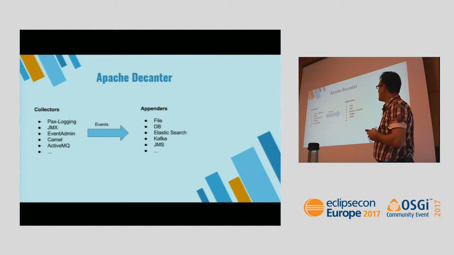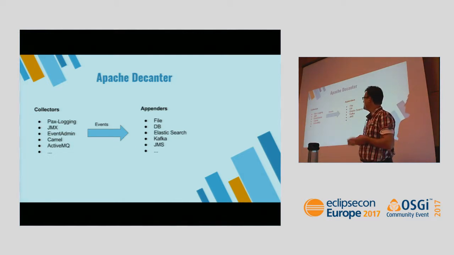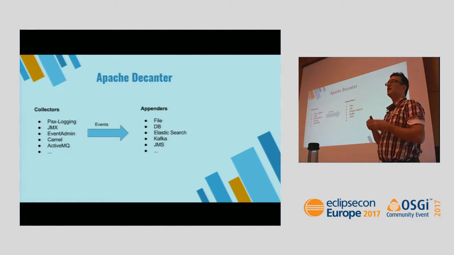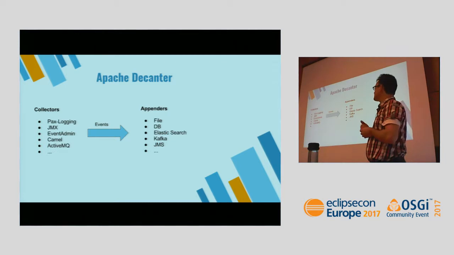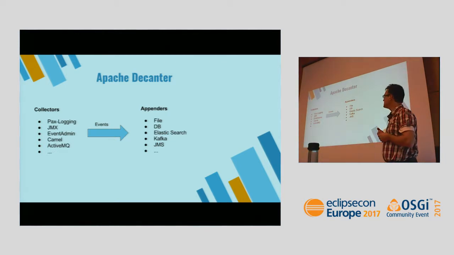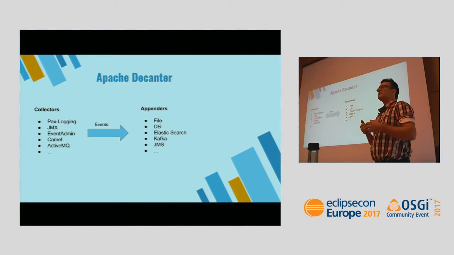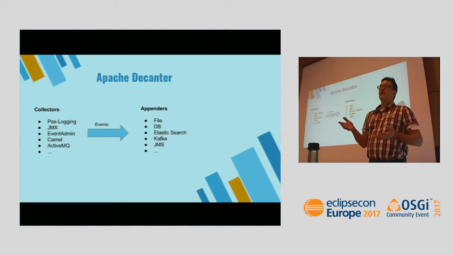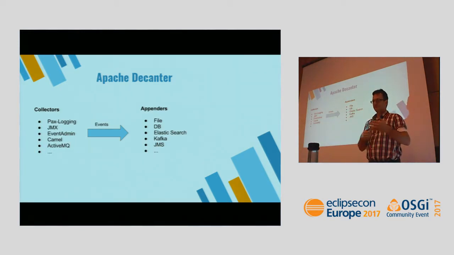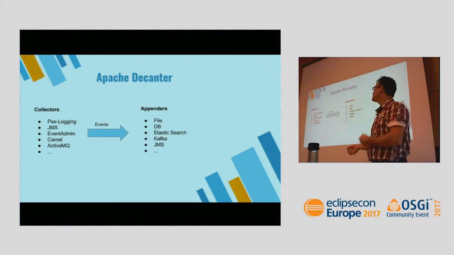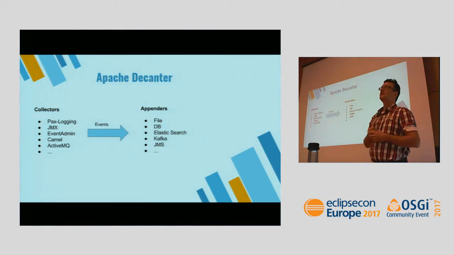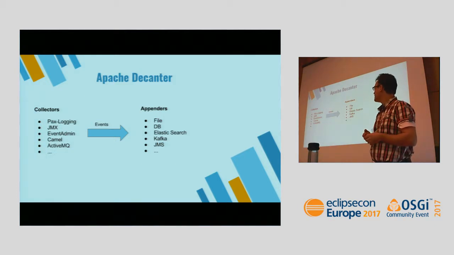And what do we have as collectors and appenders? There's PAX logging, which means everything that goes into your logging framework in Karaf, whatever logging front end you use, you can intercept. There's JMX, that means all the MBeans you have can be pulled regularly and sent to your logging system. Event admin, whatever happens on the event bus can also be tracked, like all the bundle events, service events, all that you can work with.